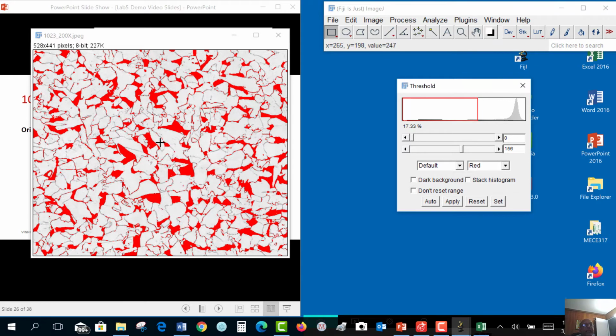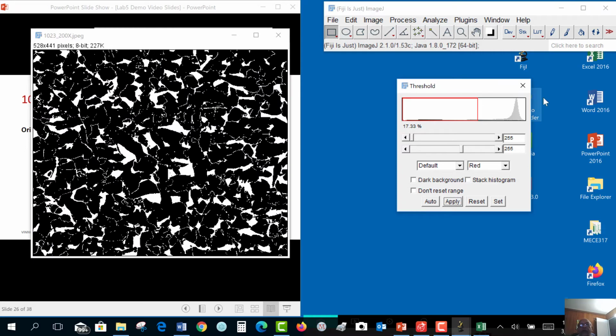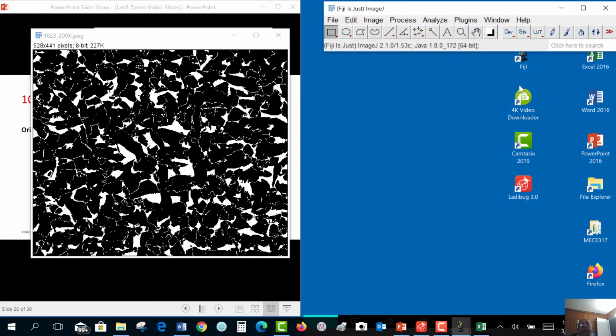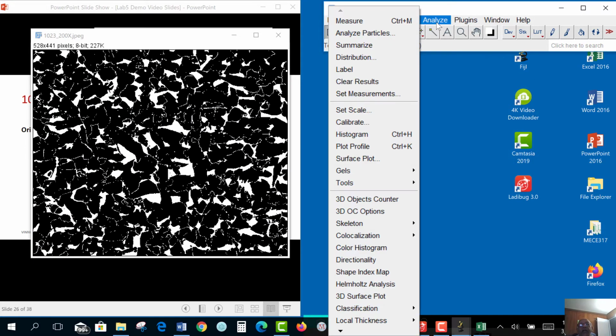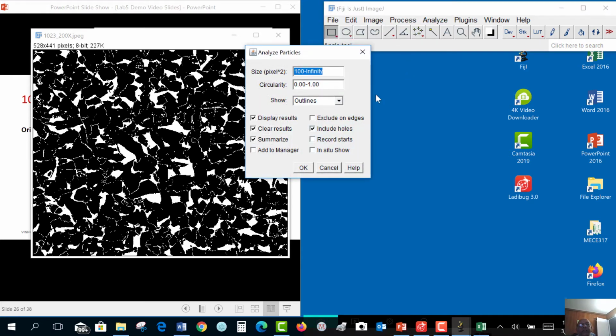So now you can see in thresholding, it has captured quite a bit, very nicely, the perlite. So we can apply, close, and again we can go through analyze, particles, 100 through infinity.